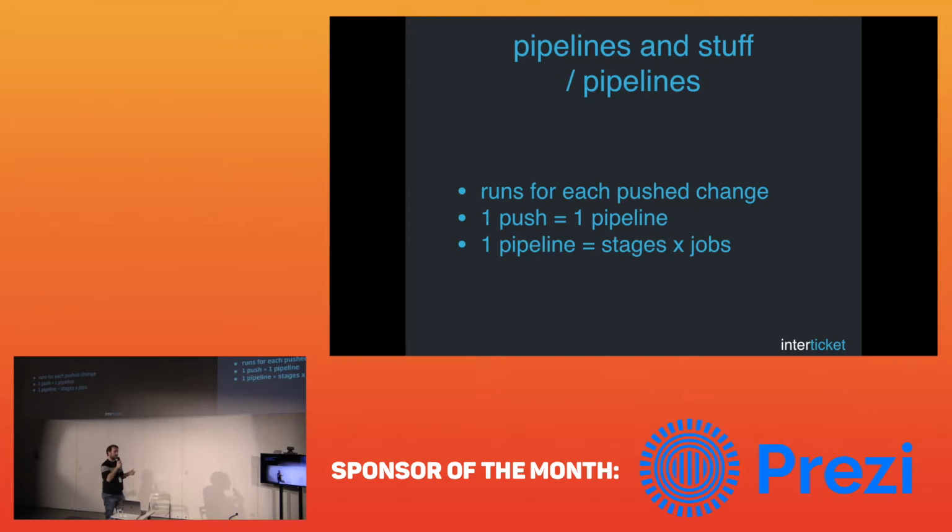One pushed change set is running one pipeline, and one pipeline consists of stages and jobs. And actually, one pipeline runs as many jobs as there are stages multiplied by jobs.